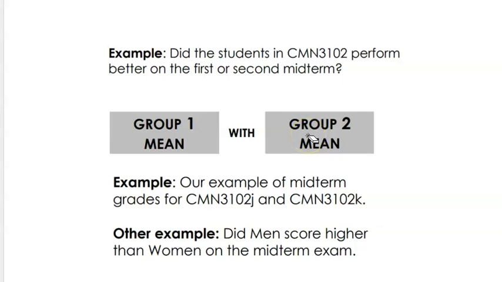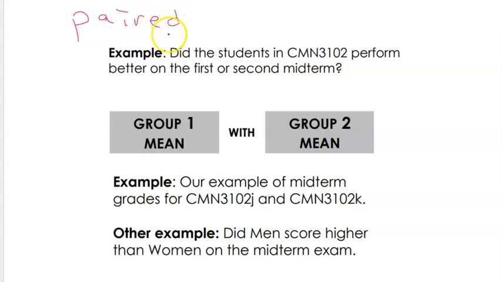But if you have two different times of the exams but only one group, you can use the t-test, but it will be the paired sample t-test. Paired because it's in fact the same people at different times. But if you have different groups and you want to compare different groups at the same time, that will be the independent t-test.